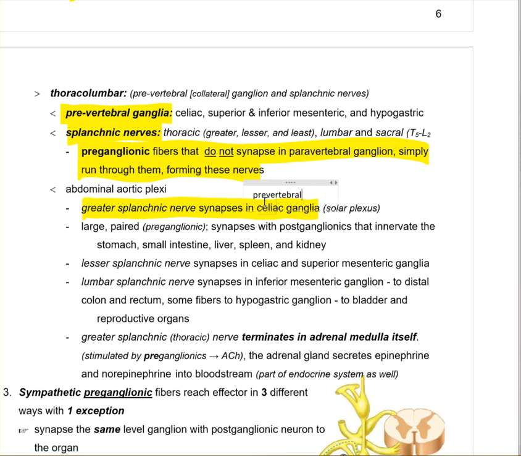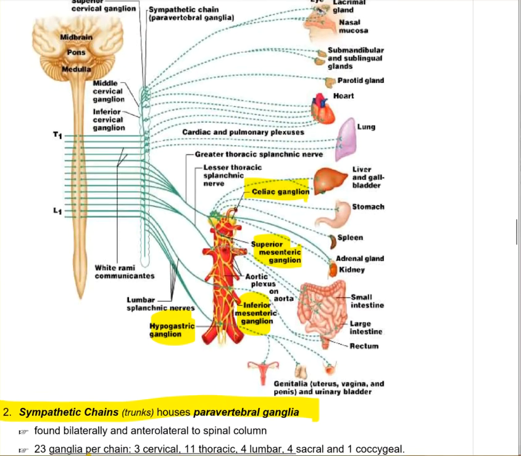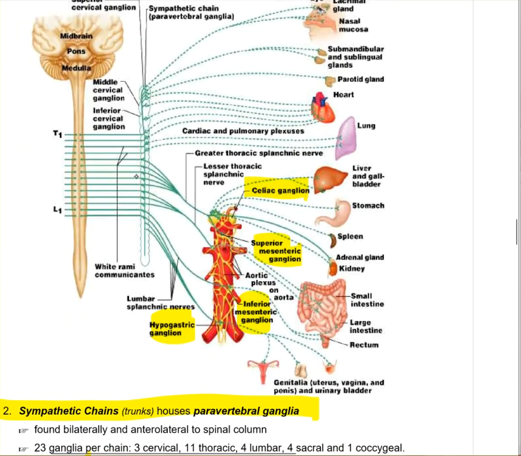So they go through a paravertebral ganglia, and then they terminate in a prevertebral ganglia. So all these splanchnic nerves go through the paravertebral ganglia and then go out and go into a prevertebral somewhere. And there's one exception that goes out past it, and we'll talk about that in a minute.